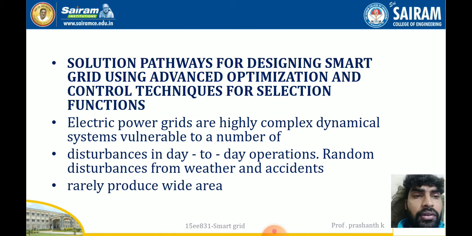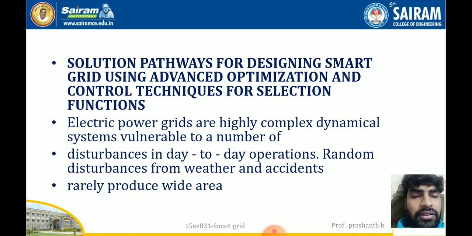So the solution pathway for designing a smart grid uses advanced optimization and control techniques for selection functions. Electric power grids are highly complex dynamical systems, vulnerable to a number of disturbances in day-to-day operations. Random disturbances from weather and accidents rarely produce wide area outages.